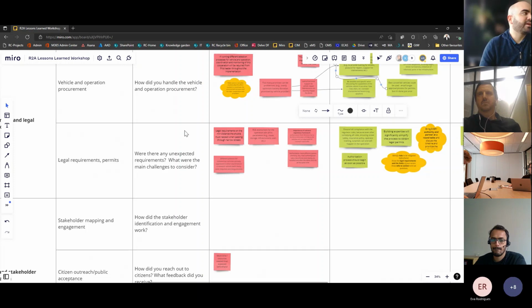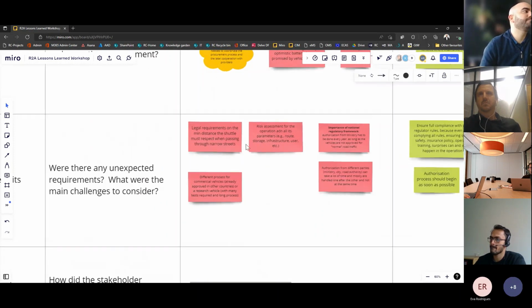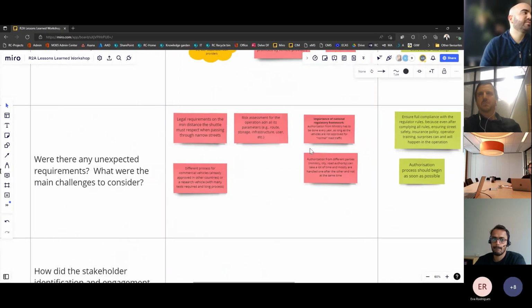What were maybe the unexpected requirements and also the challenges that were faced? Some of the requirements not considered beforehand have to do with, for instance, the minimum distance that the shuttle must respect when passing through our streets.